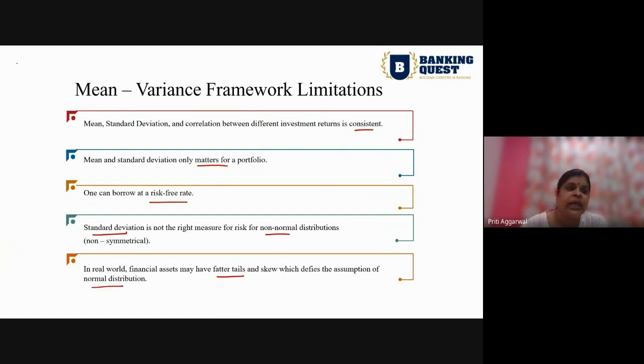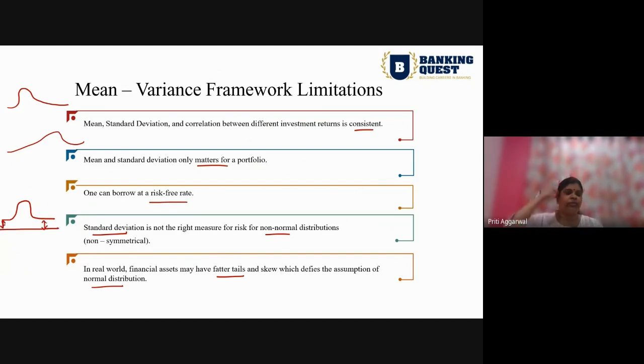So we say that it is a normal distribution, but there are quite some chances that it can be positively right skewed, or it can be left skewed, right? And they can have fatter tails, right? So the tails can be fatter.